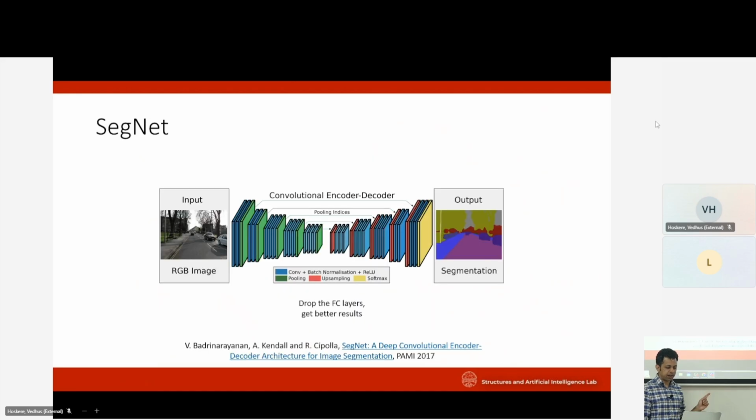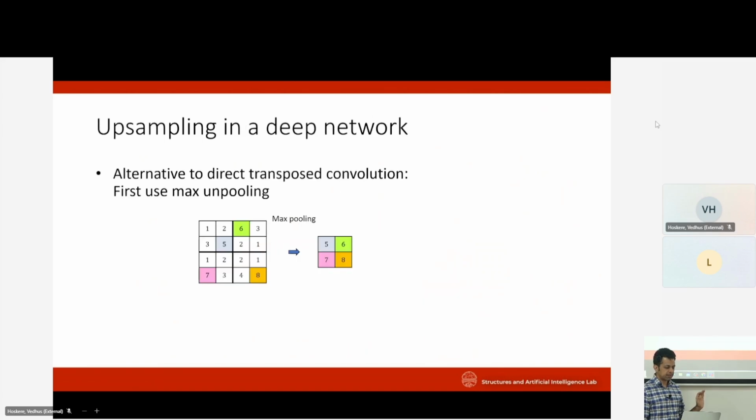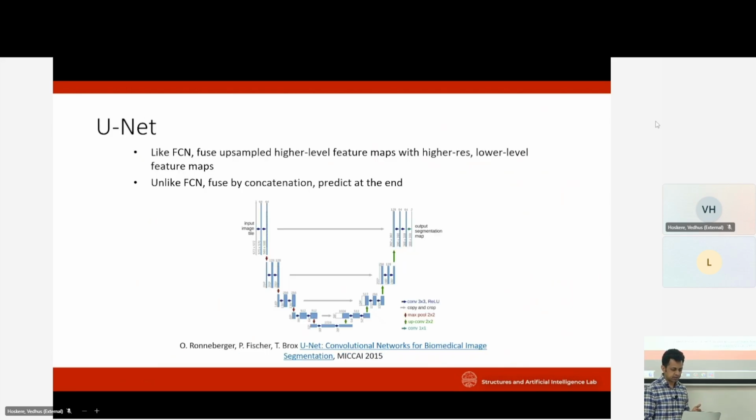So here they have bilinear upsampling, which is not as good as doing transpose convolutions or unpooling and then convolutions, things like that. So the upsampling is different, and then here they're doing concatenations, right? I think that's the only difference.